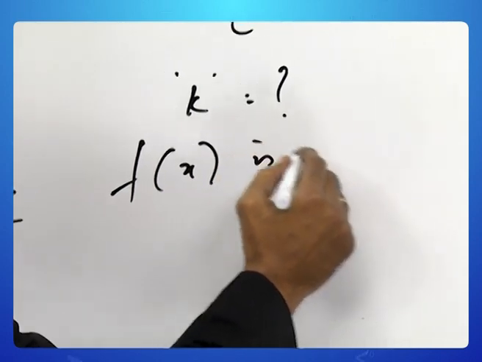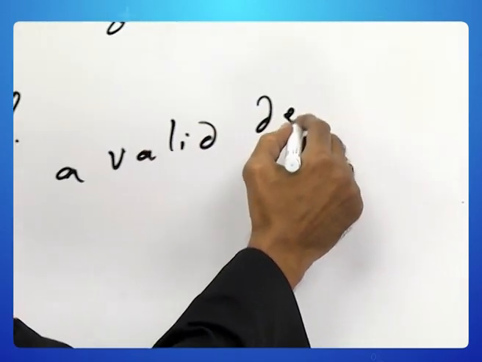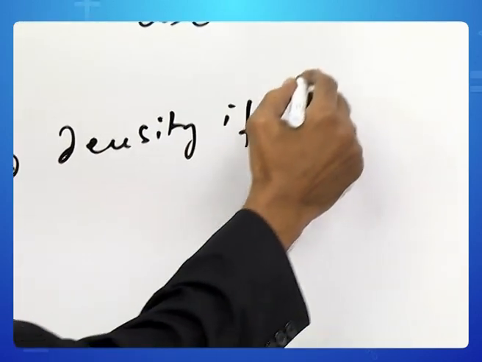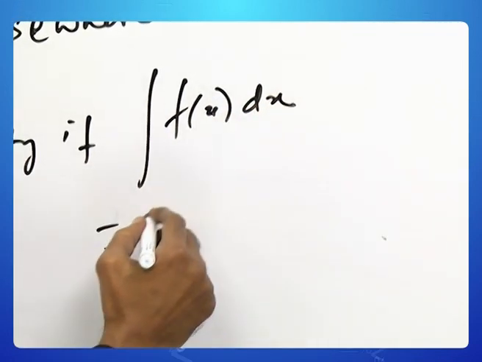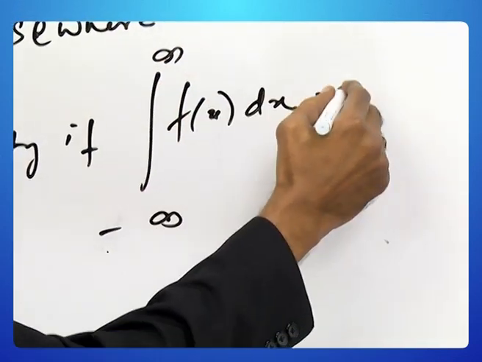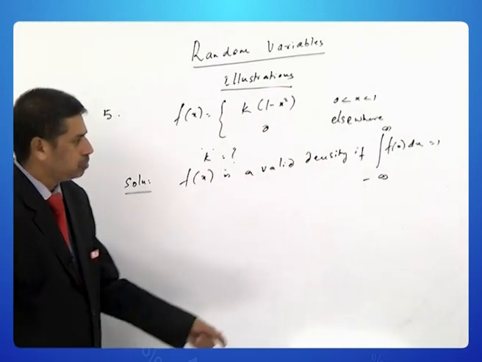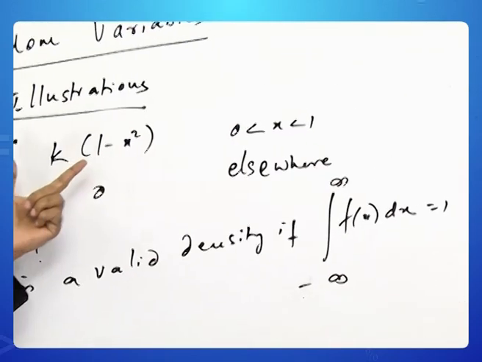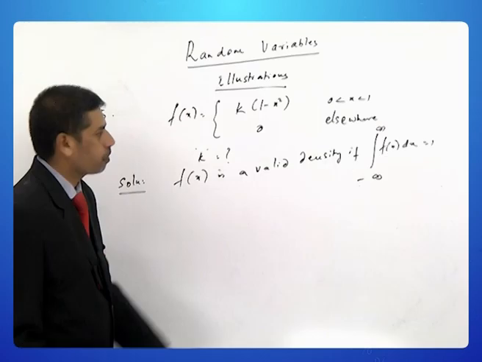F of x is a valid density if the integral of f of x dx from minus infinity to plus infinity is equal to 1. This is the definition. In this problem, the integration takes place over 0 to 1 because that is where we have non-zero density, and in other ranges we don't have to integrate.